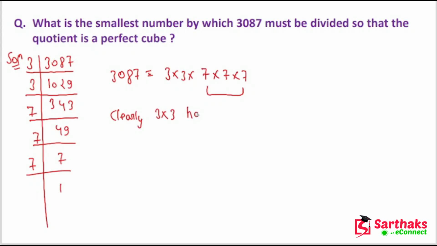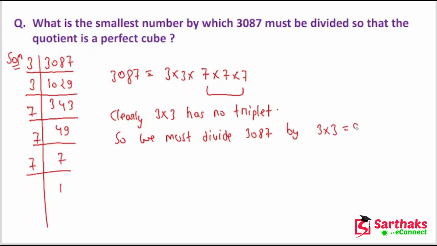Okay, clearly 3 into 3 has no triplet. It is left outside. So we must divide this number 3087 by 3 into 3 equals 9, so that it will become a perfect cube, right?